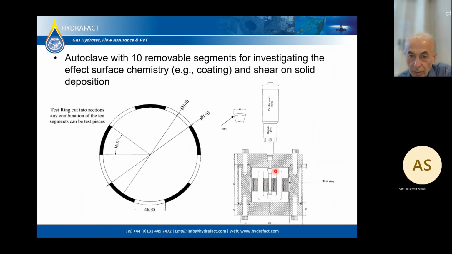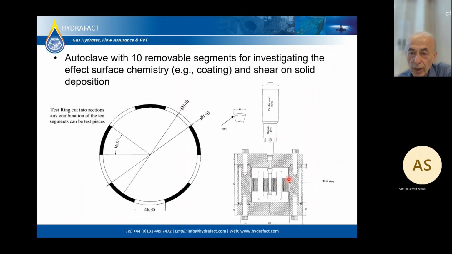And then here is the temperature controlling system. We can increase or decrease temperature. And this can go up to 6,000 psi and can measure the amount of wax deposition, asphaltene deposition, or scale deposition.